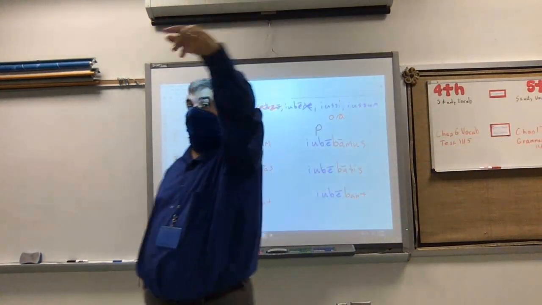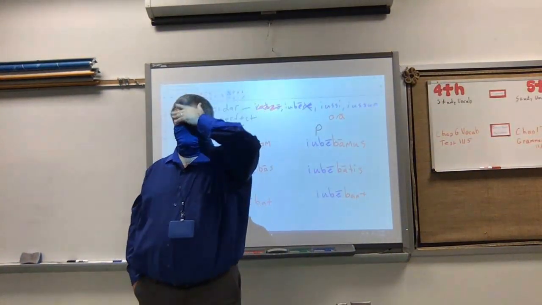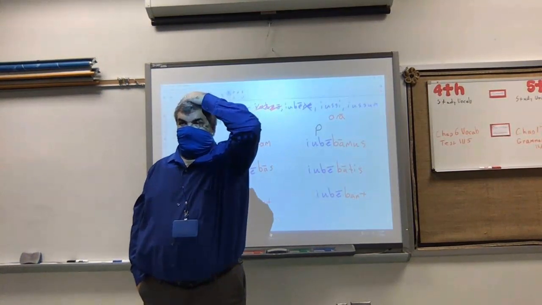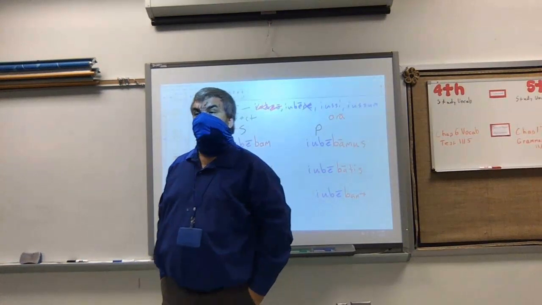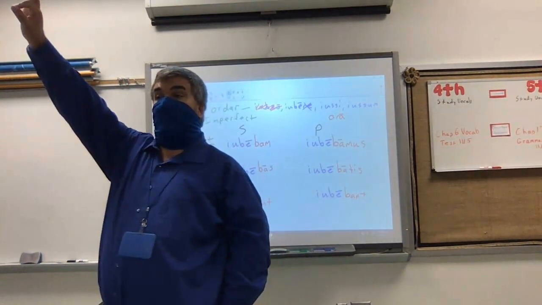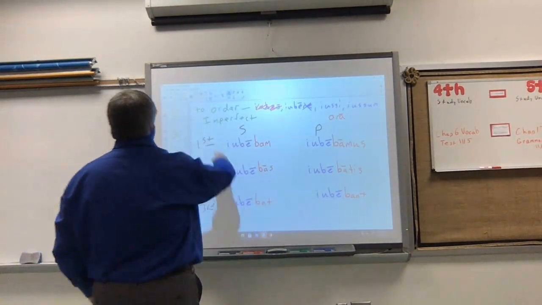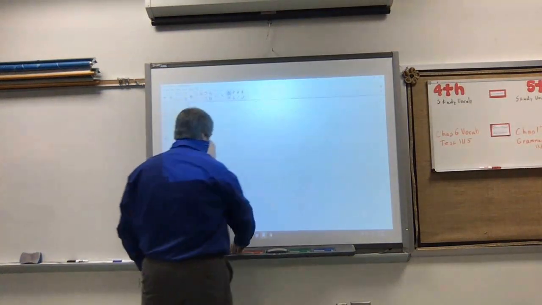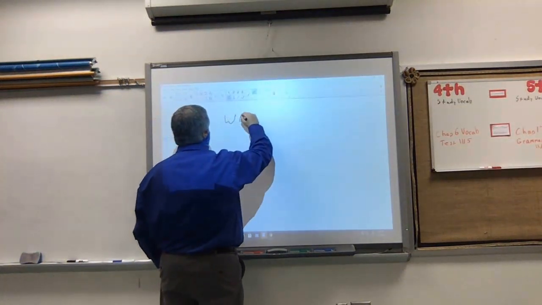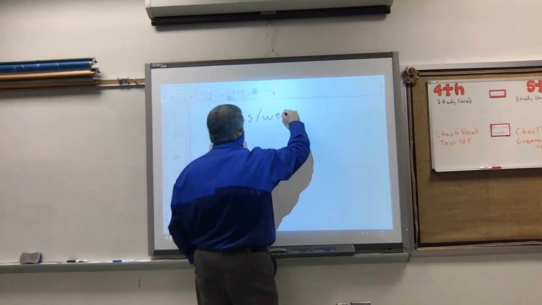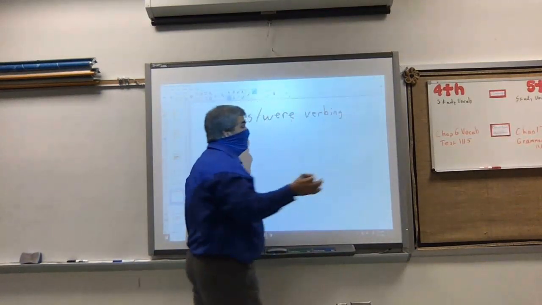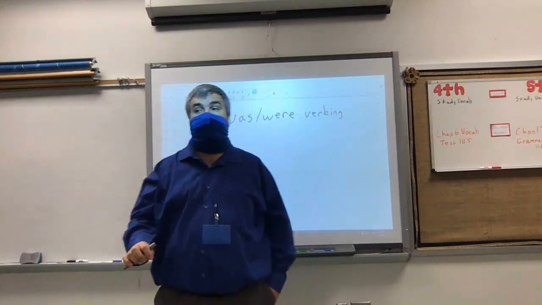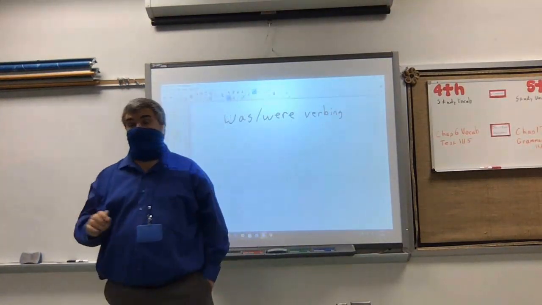Yes, ma'am. Have a seat, everybody. No, I used to order. Remember, for the imperfect tense, we can translate it three different ways. Was, were, verbing. I used to order, you used to order, he, she, it used to order, we used to order, y'all used to order, they used to order.